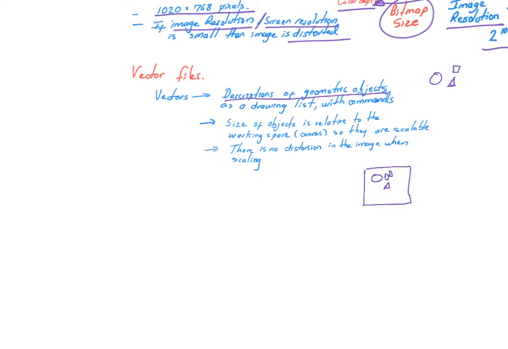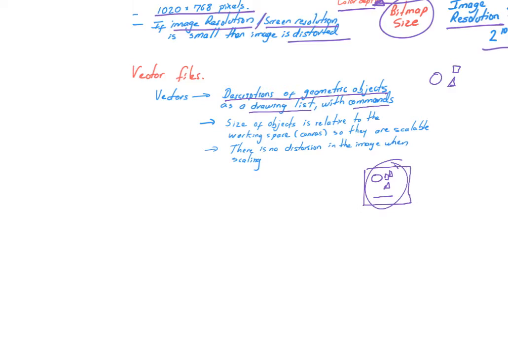Obviously the shapes can be more complicated, and you also define lines and all that, so you can create an image out of those objects, and what you have stored in the file is the commands and the drawing list that you need to make to recreate that image.